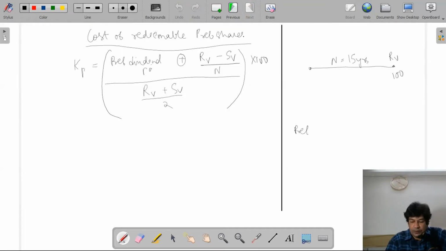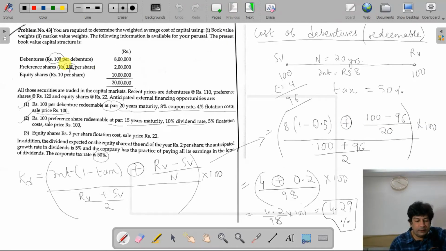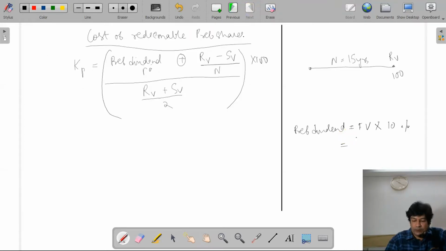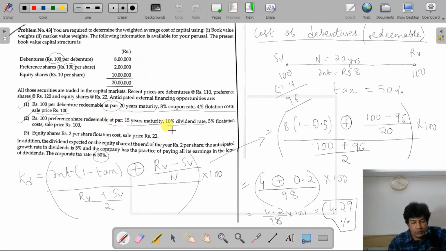So we are going to calculate preference dividend, which is the face value into the rate of dividend, which is 10%. And you can see that the face value of the preference share is 100. So the face value is 100 into 10%. So I'm going to get a preference dividend of 10 rupees per annum. So this I have found out. Then 5% is the flotation cost.